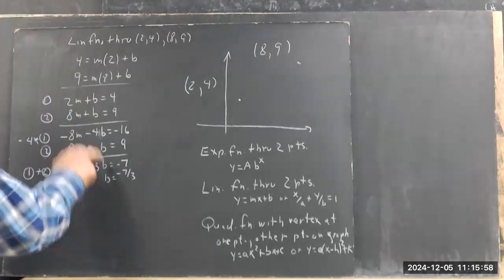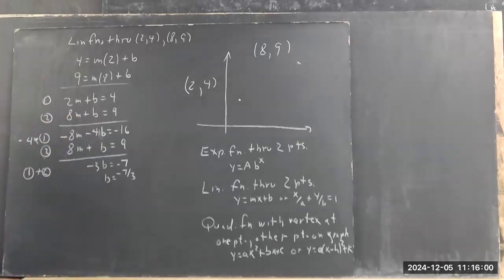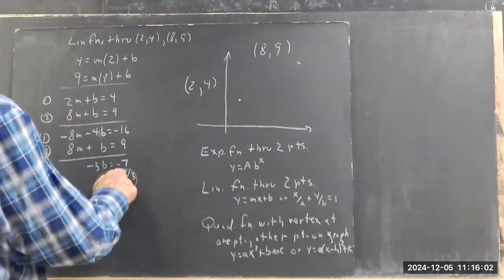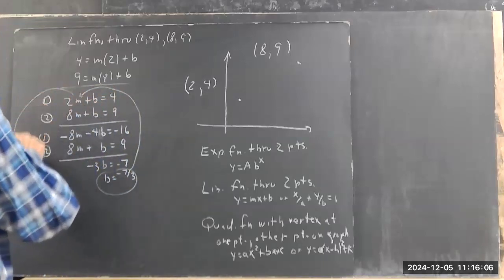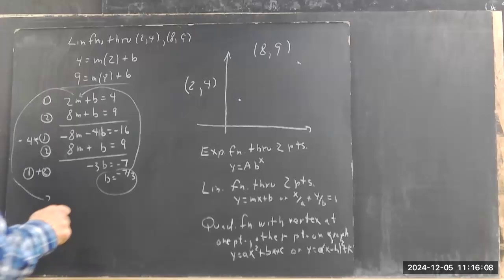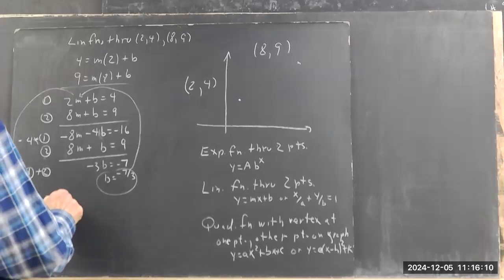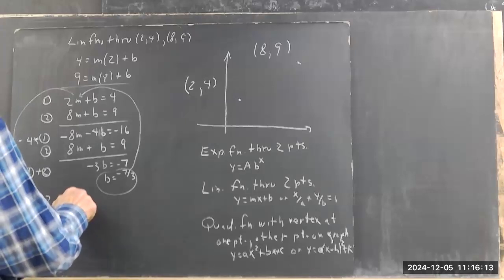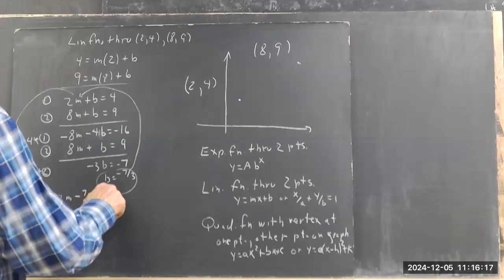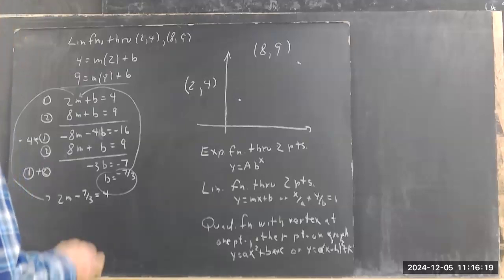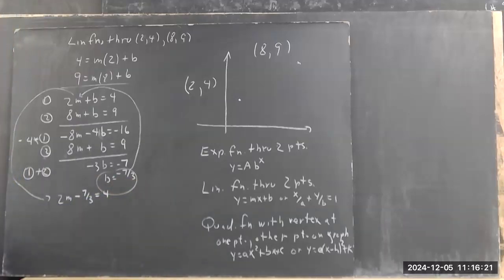We can then plug that into either of the first two equations. So I plug that into the first equation. I get 2m minus 7/3 equals 4. I multiply both sides by 3 because I don't want to deal with fractions.